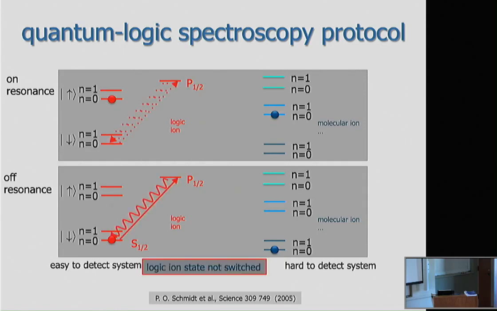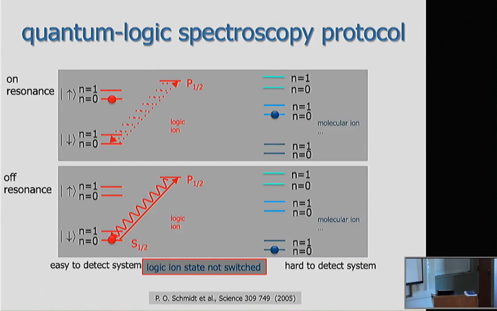And when you compare the final states, in one case, you're up here, and if I try to now drive the cycling transition, I will get no photons, while here I'm still in this ground state, and I can see photons. So depending on whether the molecular ion has made a transition or not made a transition, I will see light from the logic ion.